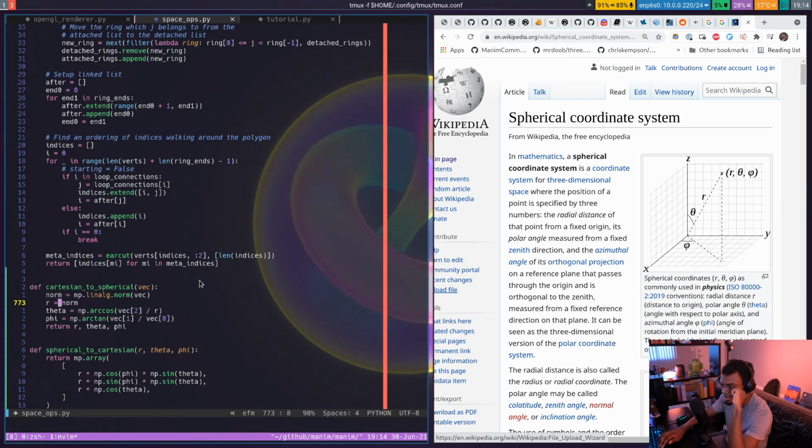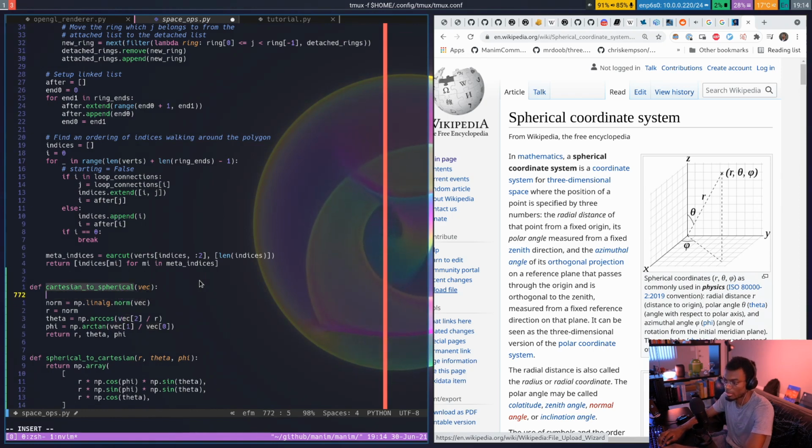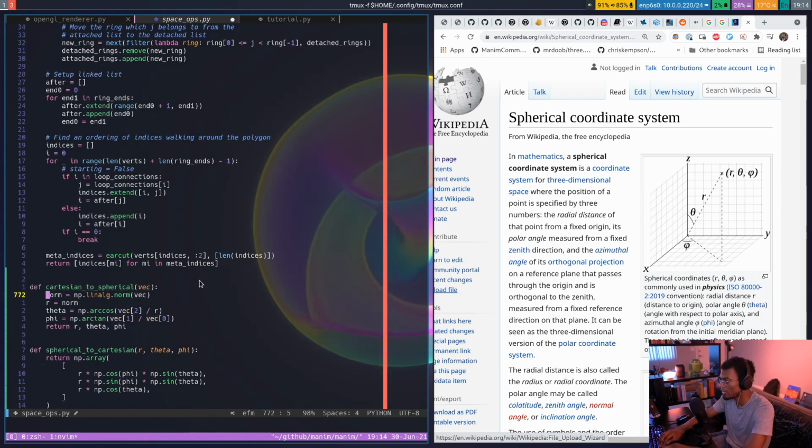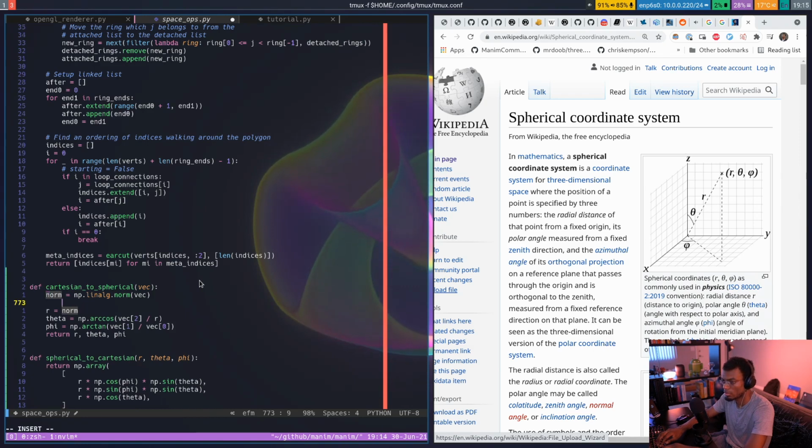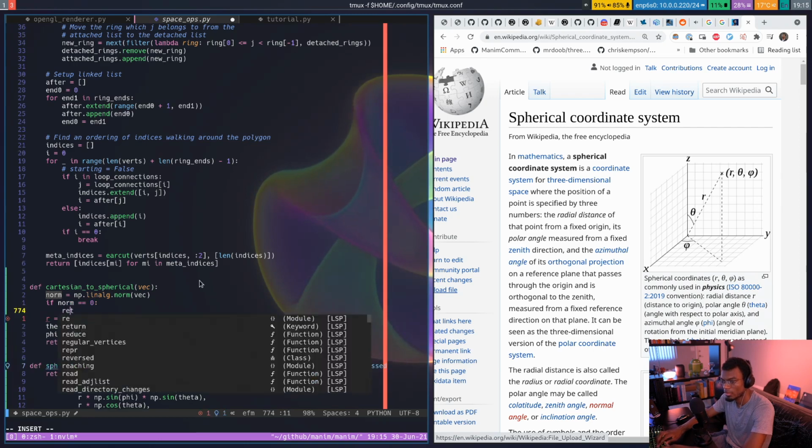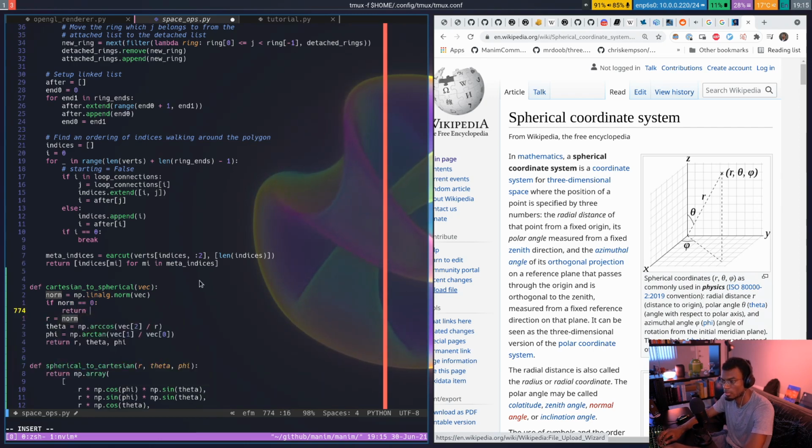Let's see, r will still work. Theta should just be 0. Yeah, I think theta is safe. I had to do a few checks. If the norm equals 0, then what? I have to return 0, 0, 0. Okay, so I do that.